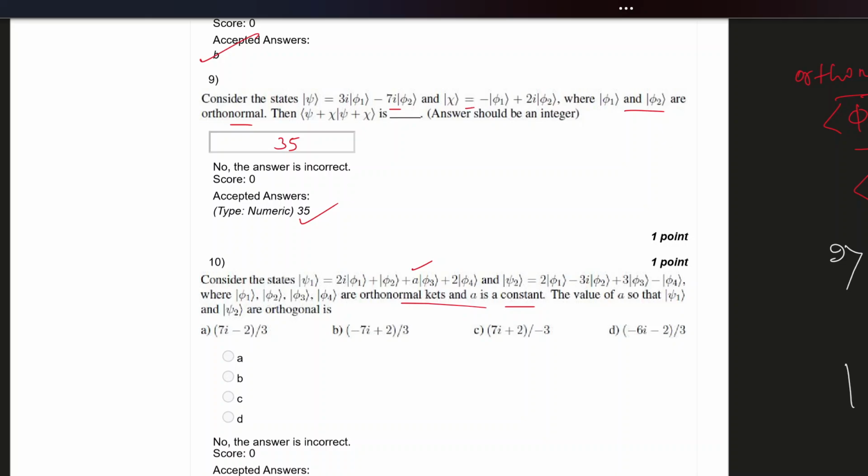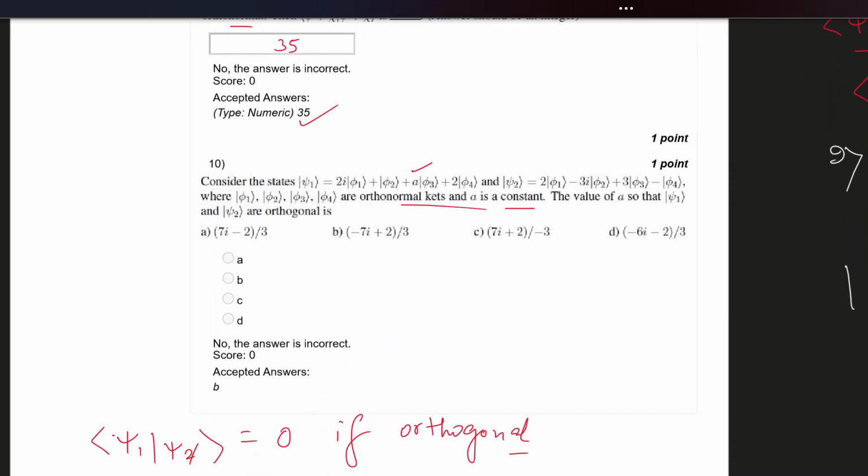That means the bracket psi 1 psi 2 equals 0 if orthogonal. So let us solve it here. If this is 0, then it is orthogonal. To satisfy that, let us choose the terms very carefully. So psi 1 ket is given, psi 1 bra is given, you have to take the psi 1 bra. That means it will be minus 2i phi 1 plus A we don't know, so we take A star.